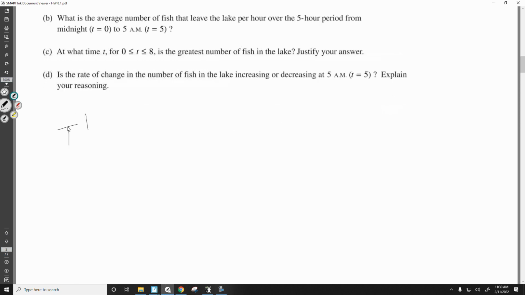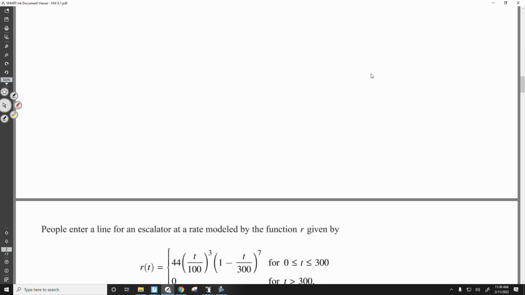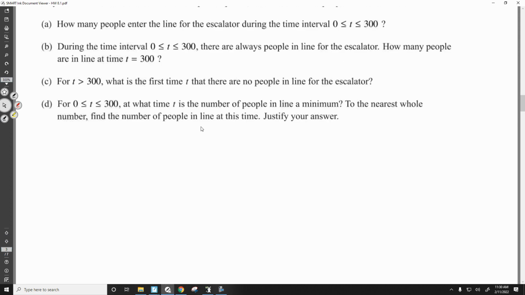T prime tells me if the total is increasing or decreasing. That doesn't answer this. T double prime will tell me if the rate of change increases or decreases. This is when we go to the second derivative sign analysis. So going back to the problem at hand, the water in the pipe problem, not the fish problem, not the escalator problem.